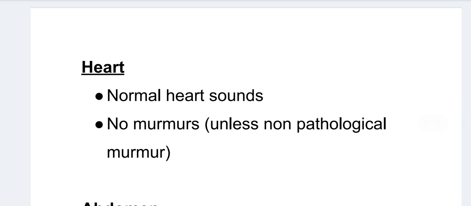If the child has a thin chest, you can hear those murmurs and you confirm that the child has a thin chest. Then you know that these are just innocent murmurs. Those are non-pathological murmurs. Not where the child's chest is wide enough to accommodate normal heart sounds, then probably there's a problem.